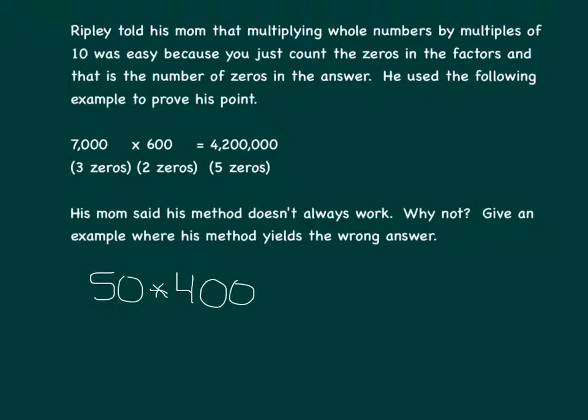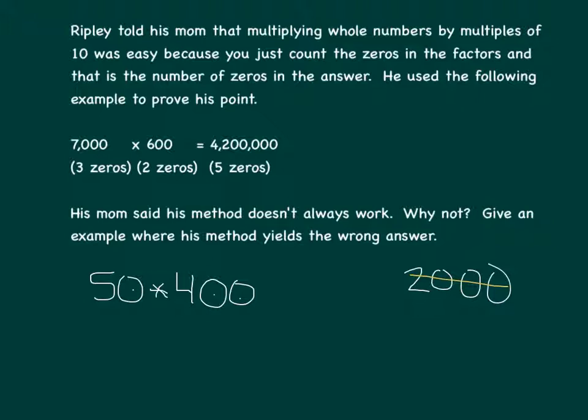Well, here's an example. If he used his method here, he might say 5 times 4 is 20, but my answer needs to have 1, 2, 3 zeros. So he might claim that it's 2,000, and that is absolutely incorrect.